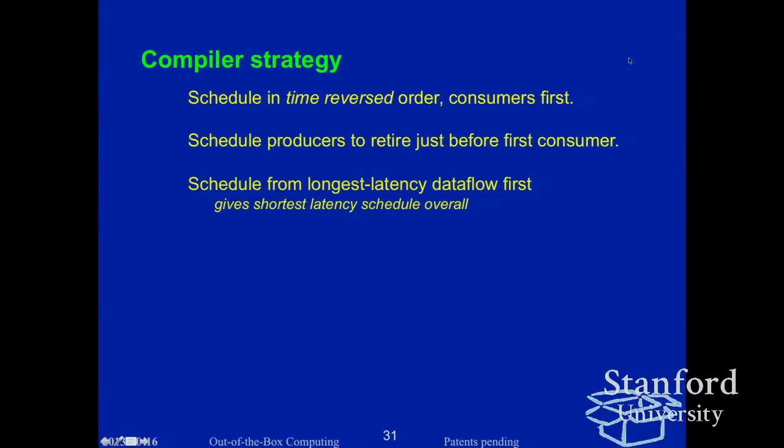You schedule the longest latency data flow internally to the compiler first. That'll give you your best code and the shortest overall latency. You hoist the load issue to immediately after where the address is produced. For many loads, the address is statically known, and you can hoist it all the way to the top of the function, for example, if you're loading out of the stack frame.